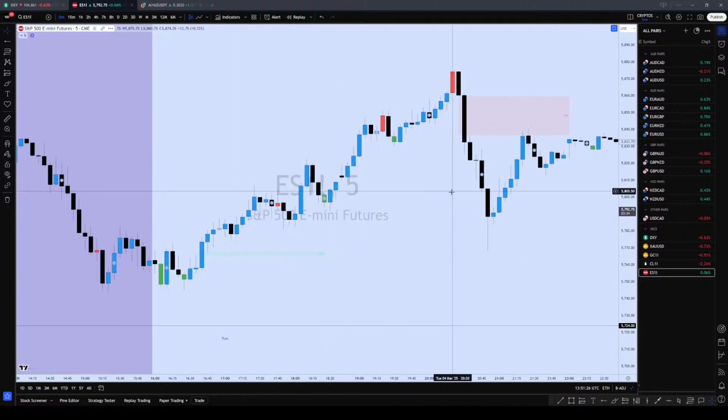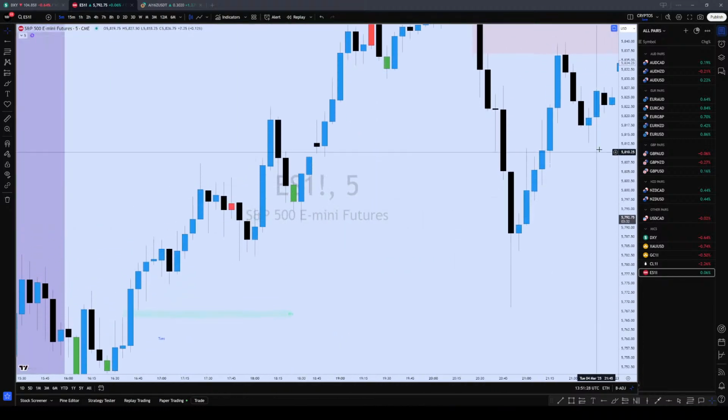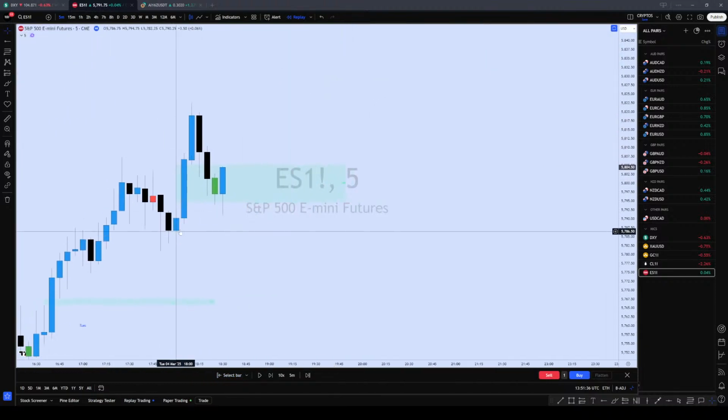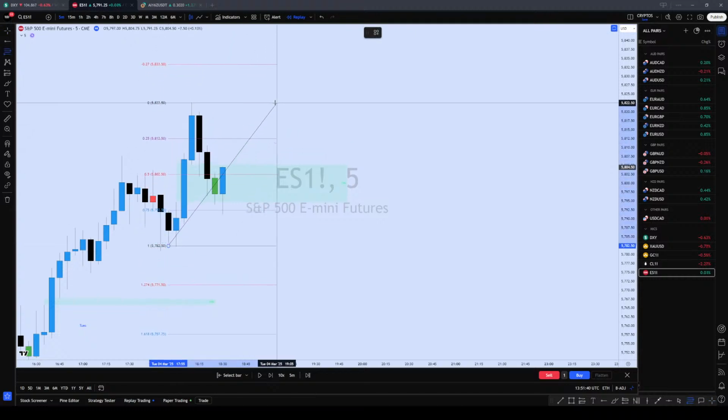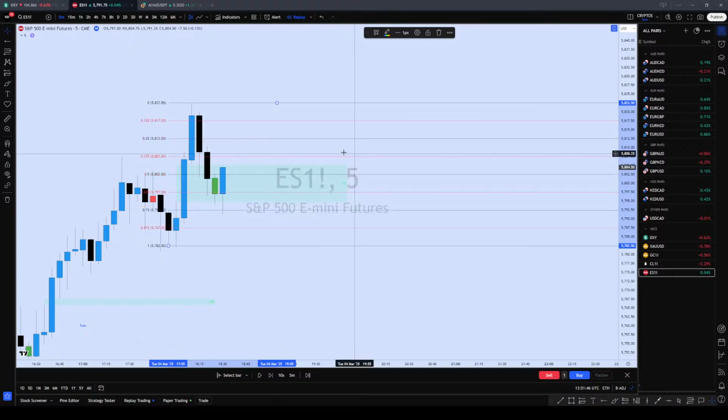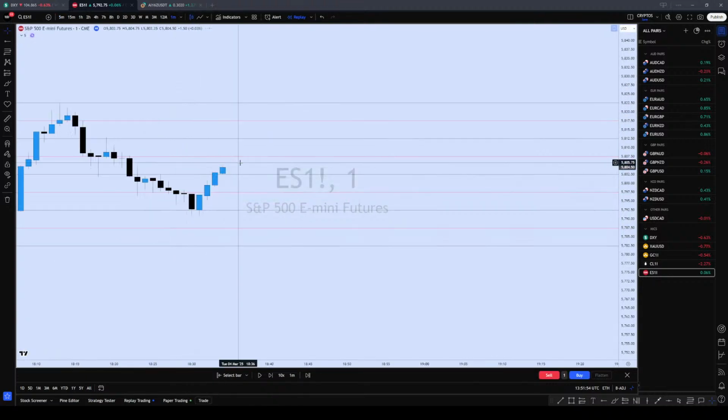Let me zoom in. This range. This is the low. That is the high. Remember what I was just teaching you? It's the same thing on the lower time frame, but you have to be really, really good at price.